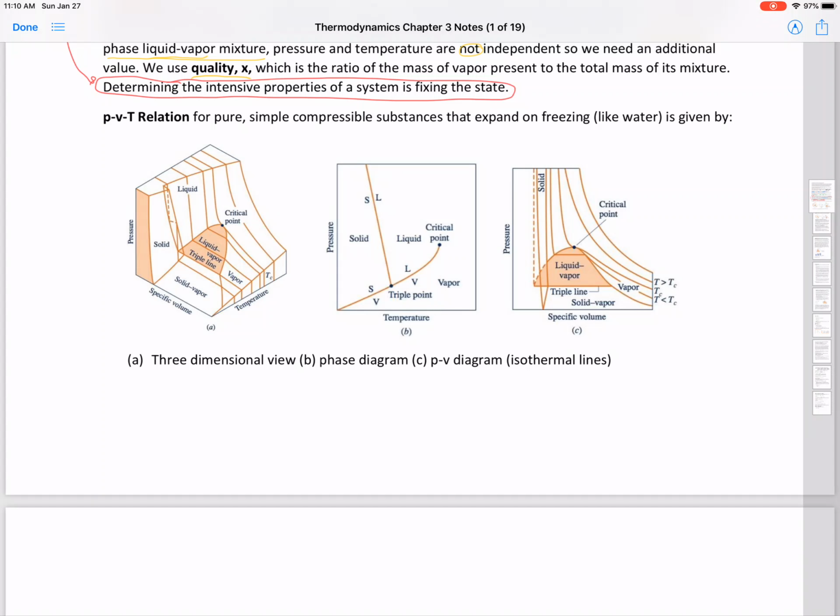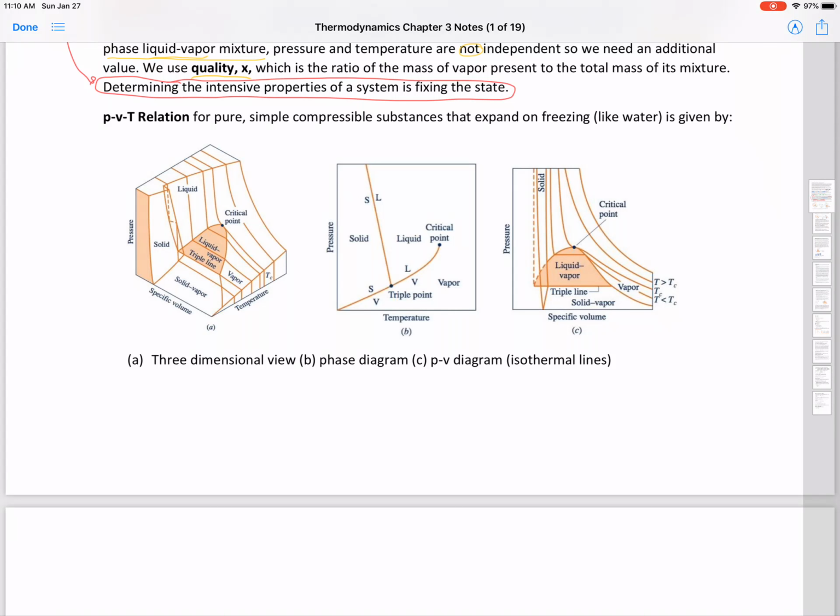These diagrams here are for a pure, simple, compressible substance that expands on freezing. Water expands on freezing. Most things don't. These diagrams show the pressure, specific volume, and temperature relation for something like water.